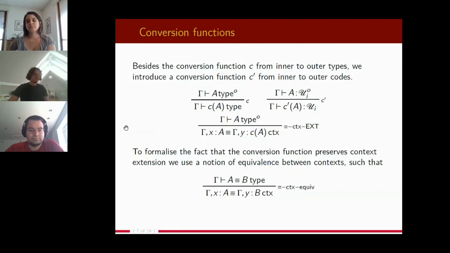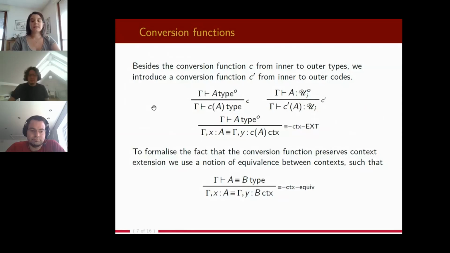So let us see a few features of the syntax. We have, as I said, a conversion function, C. If A is an inner type, then C of A is an outer type. This was present also in the original paper, but we also introduce another conversion map, C prime, which maps terms of inner universes into terms of outer universes.